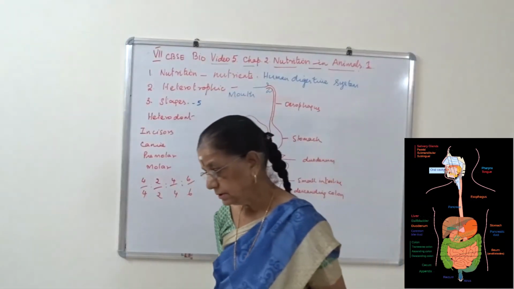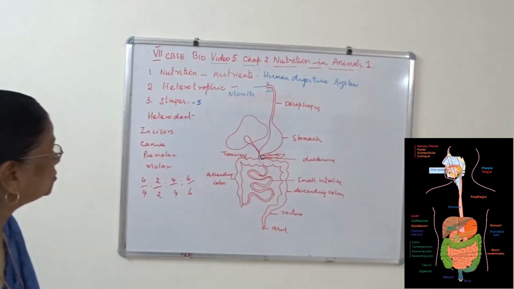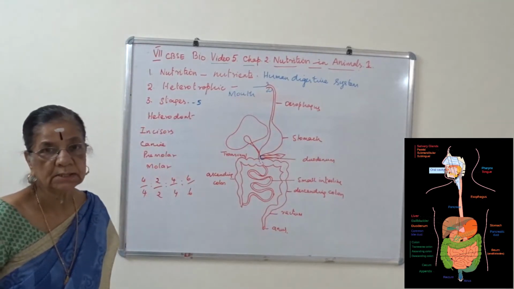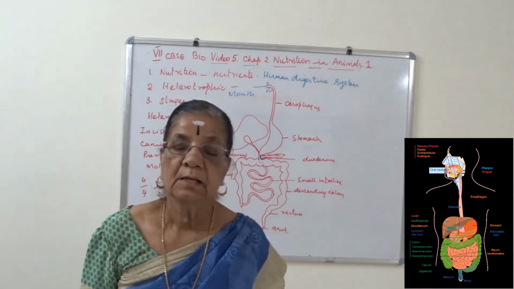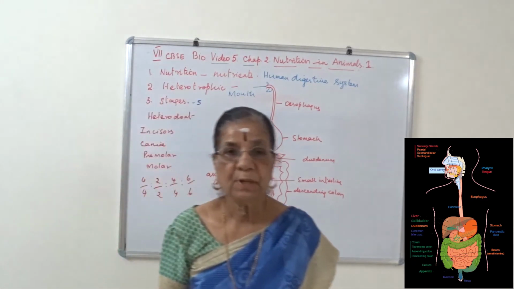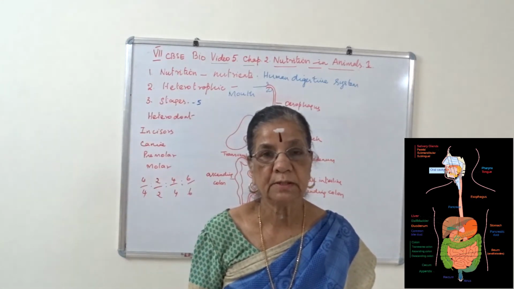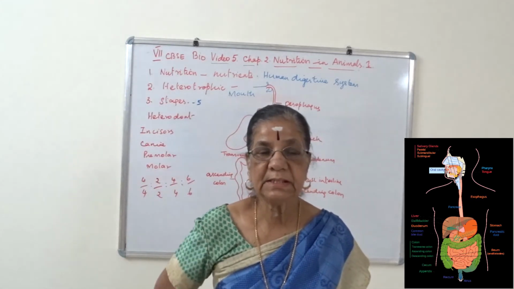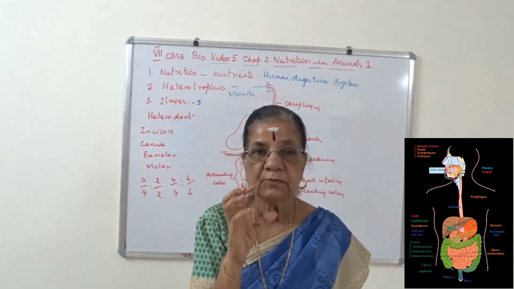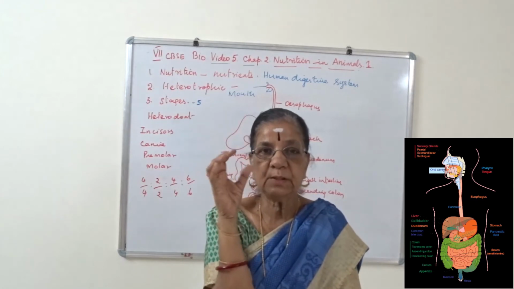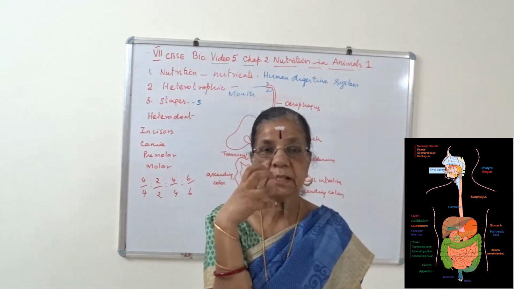So the digestive system in human includes the organ mouth, which has the buccal cavity and then heterodont. This buccal cavity, when you open your mouth, we are opening the mouth with the help of the upper and lower jaw.